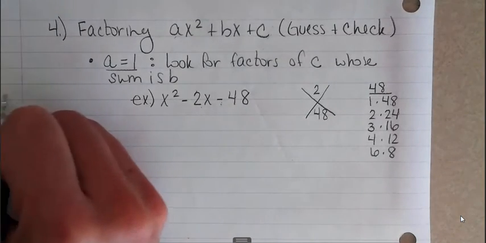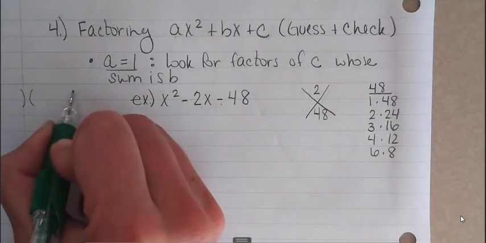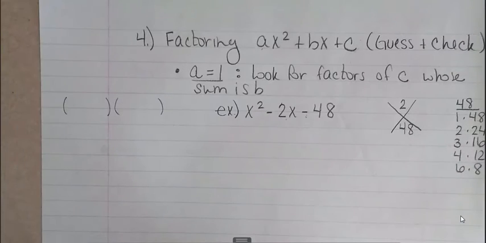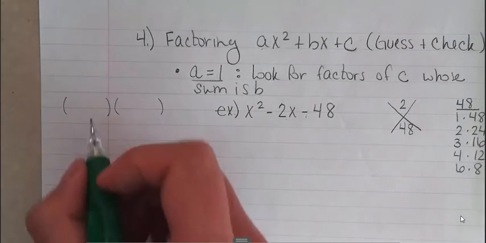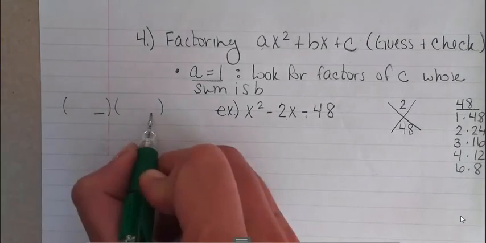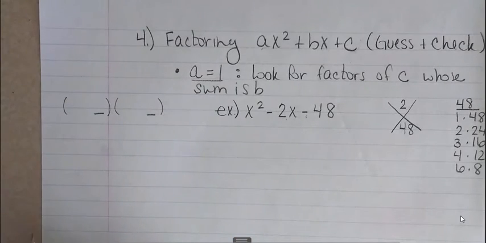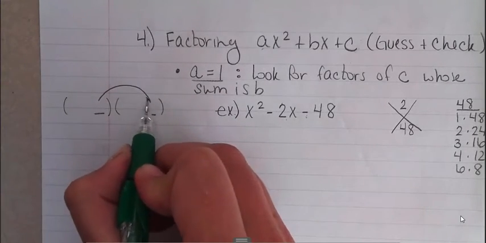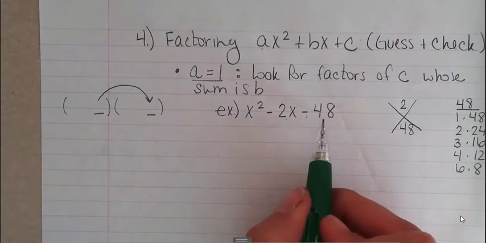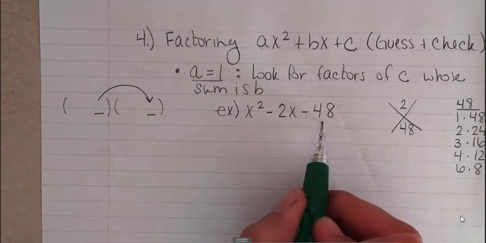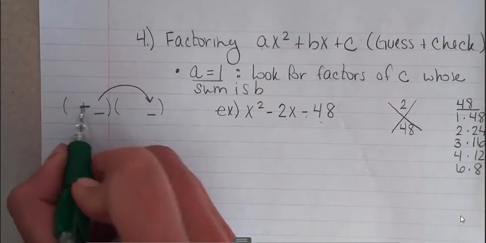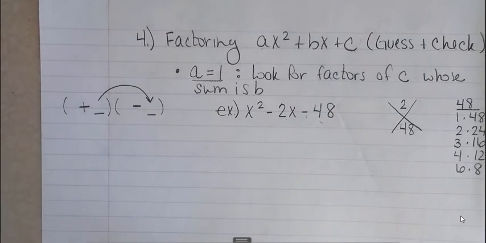So what am I talking about? You have two binomials that you're going to factor this into. Well, think about these last two terms right here. When you do that last multiplication, in order for you to get a negative 48, one of these will have to be positive and one of them will have to be negative.